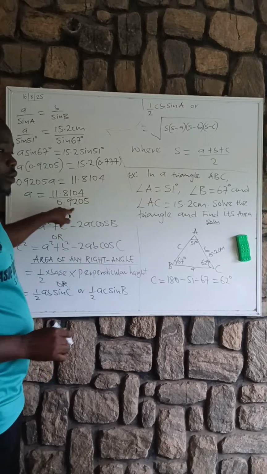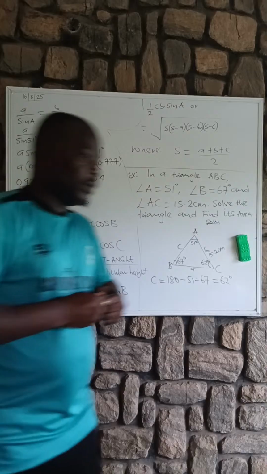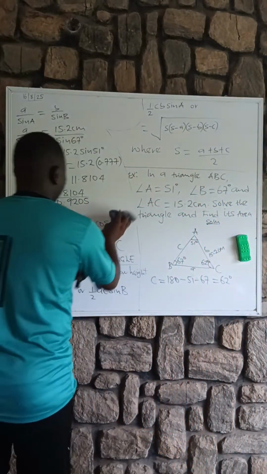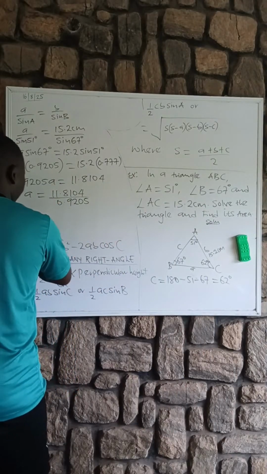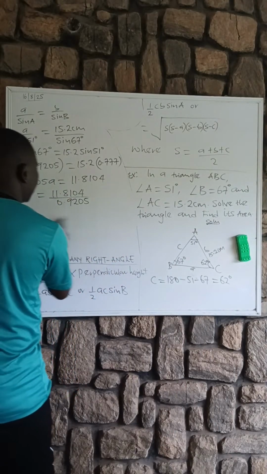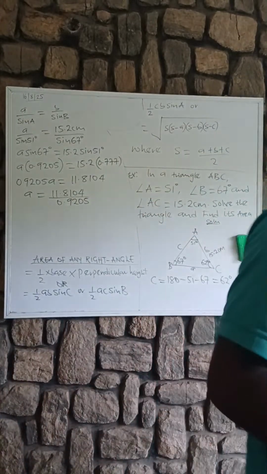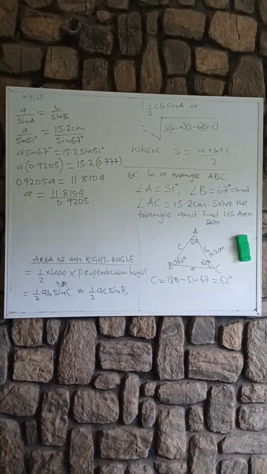Okay, somebody should do this division. 11.8104 divided by 0.9205.